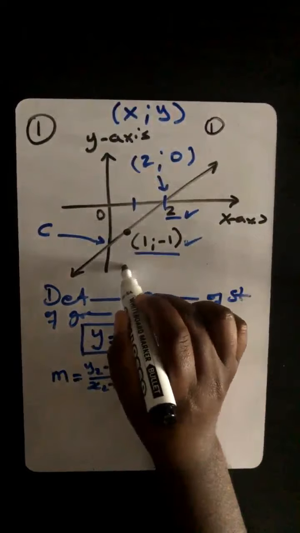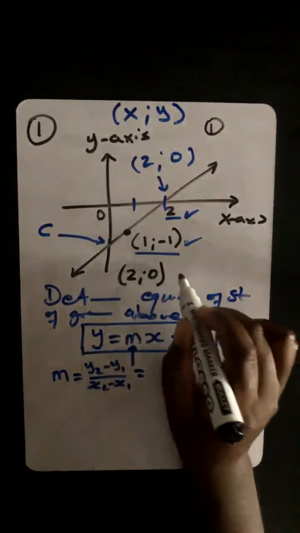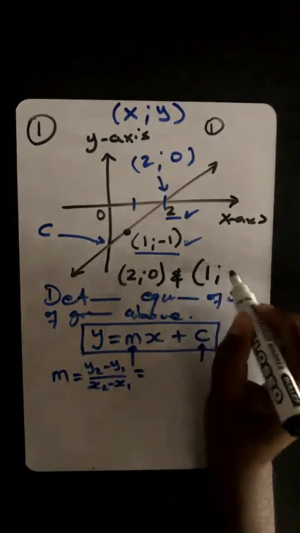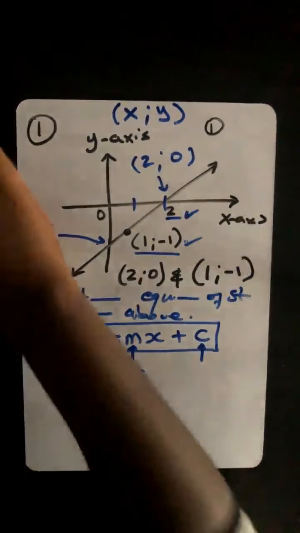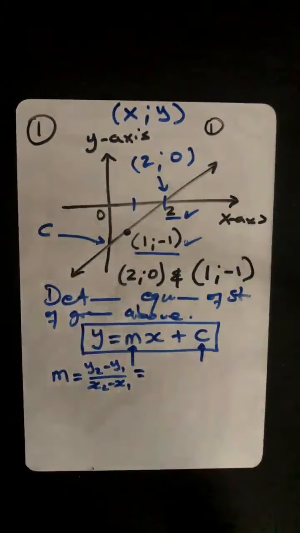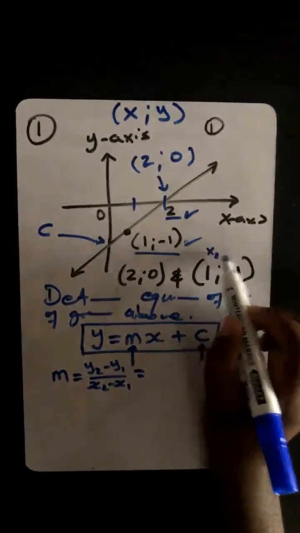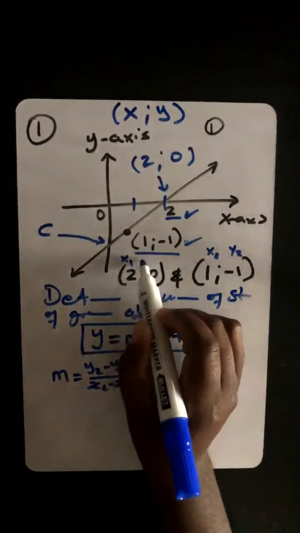We've got the first point, which is 2 and 0, and the other one is 1 and -1. So we can make this our x2, y2, x1, y1.